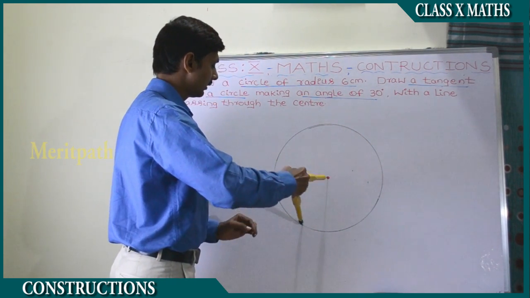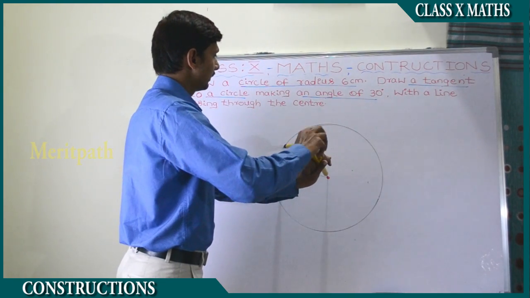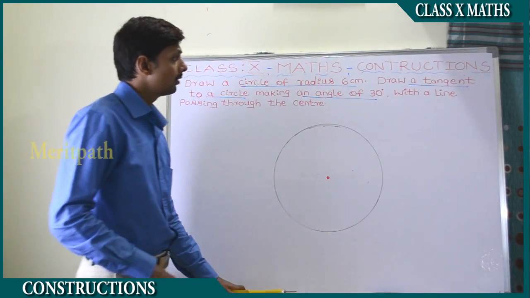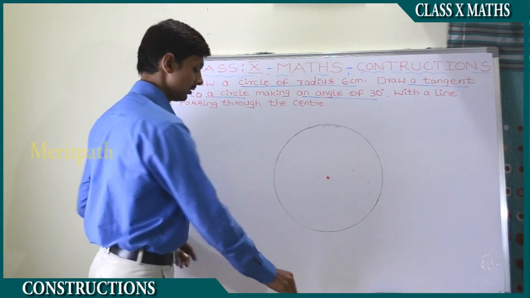We have drawn a circle of radius 6 centimeters.